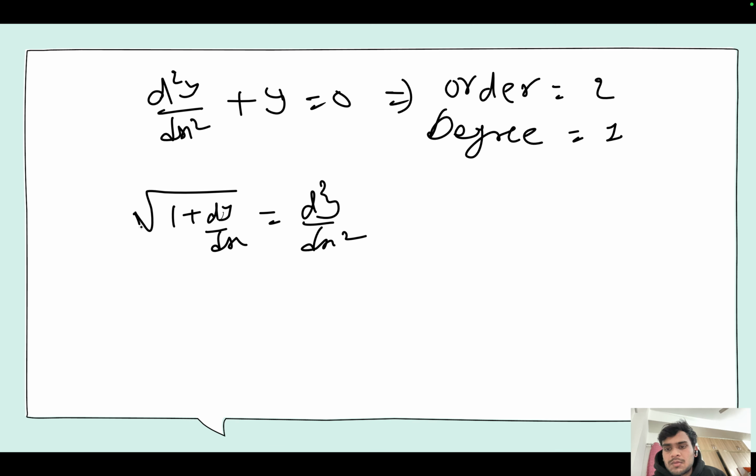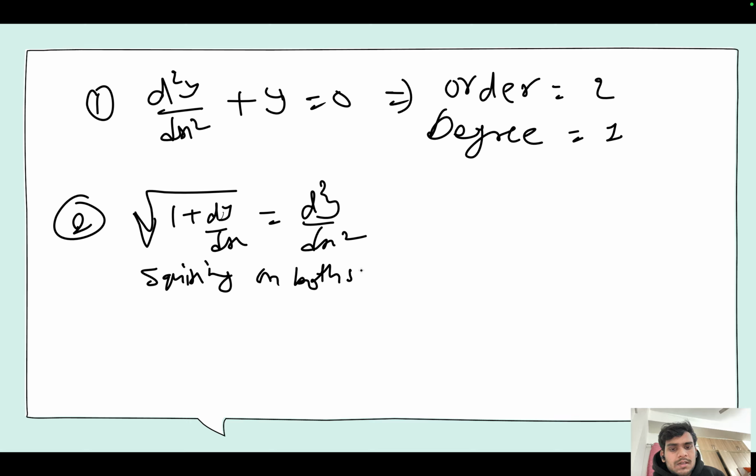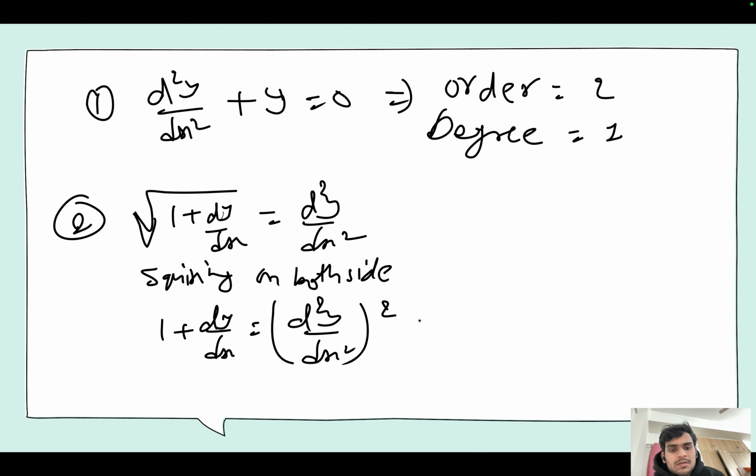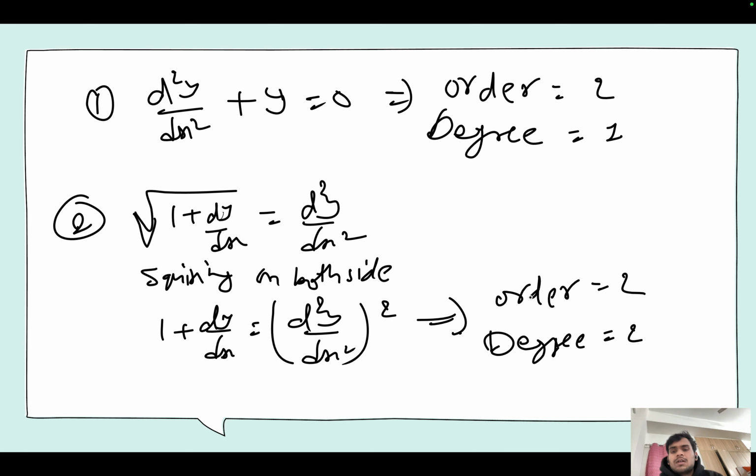Now tell me what is the order and degree of this differential equation. So first remove the square root, squaring both sides. Squaring on both sides, we will get 1 plus dy by dx is equal to d2y by dx2 whole square. So order is 2, degree is 2.